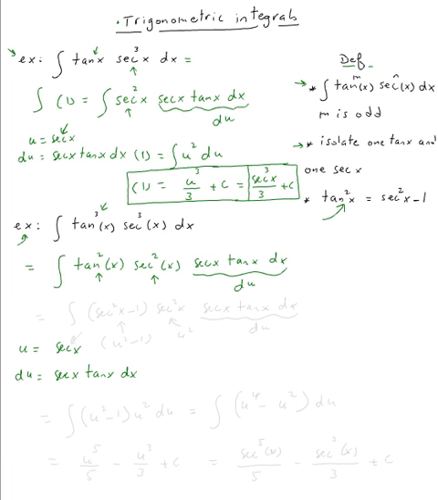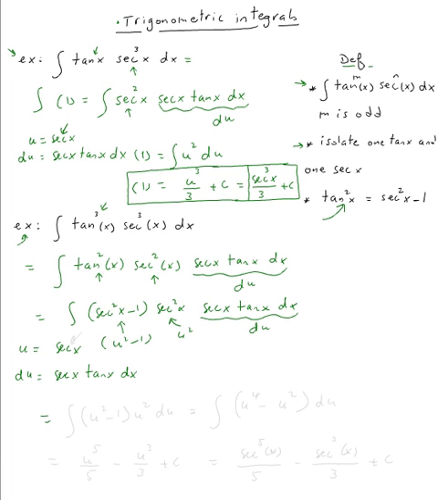Therefore we use this identity. So this will be equal to the integral of tangent squared, which is just secant squared minus 1, times secant squared times secant tangent dx. Now we know this is going to be reserved for du, so this will be u squared, and this will be u squared minus 1.